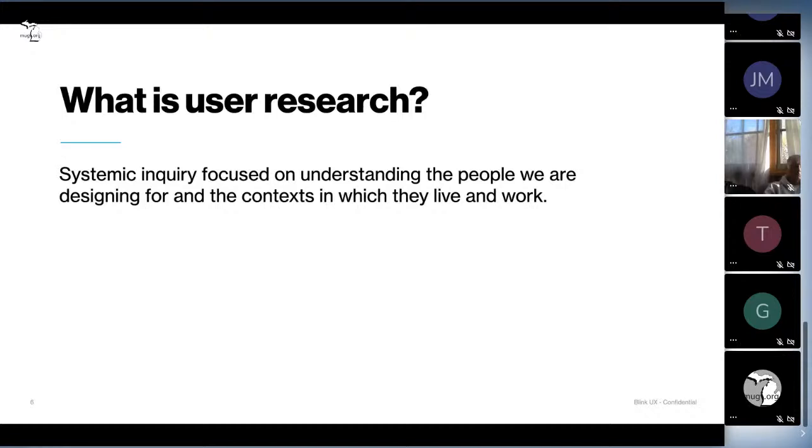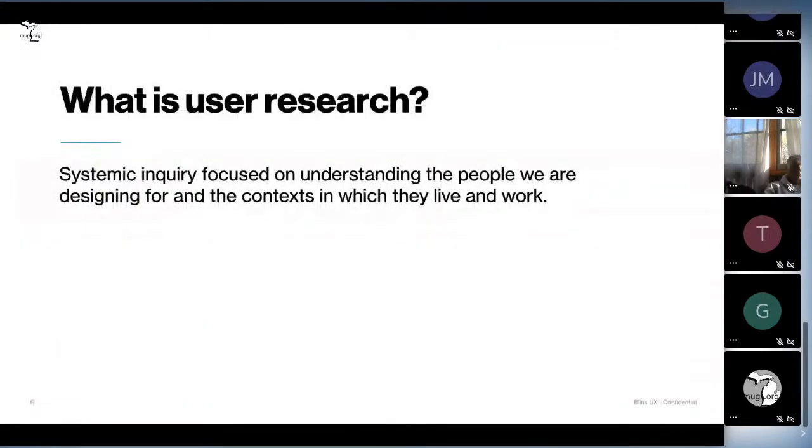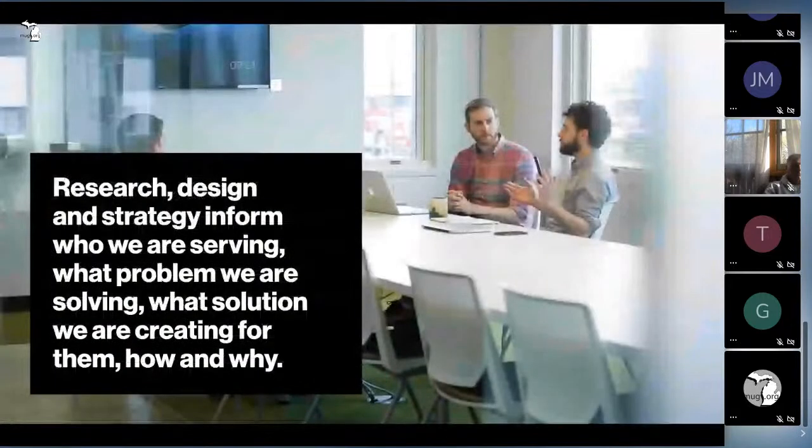So either their homes, workplaces, or increasingly now, all about in the world when you start talking about things like wearable devices and various other kinds of connected devices. And so we do that to really inform who we're serving, what problems they have, and really creating solutions for them that are going to ultimately, hopefully, do great things for them.